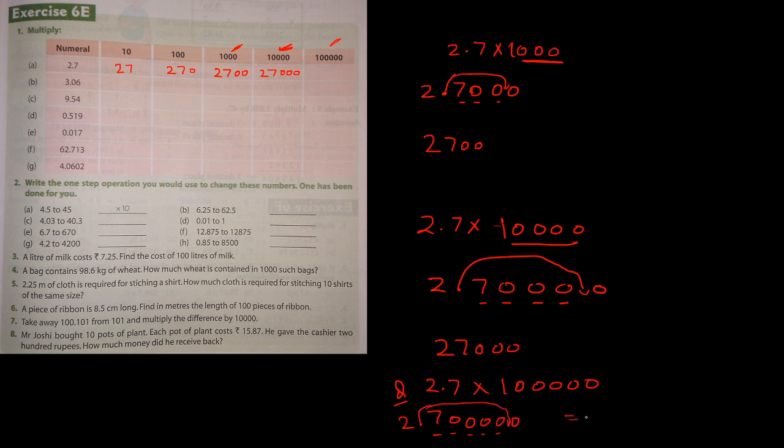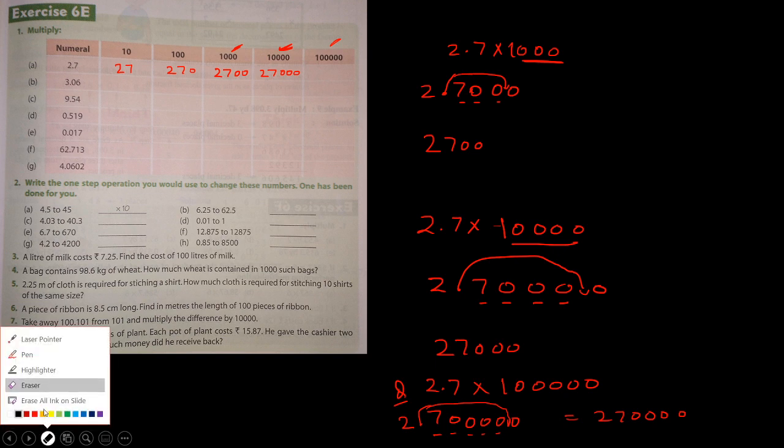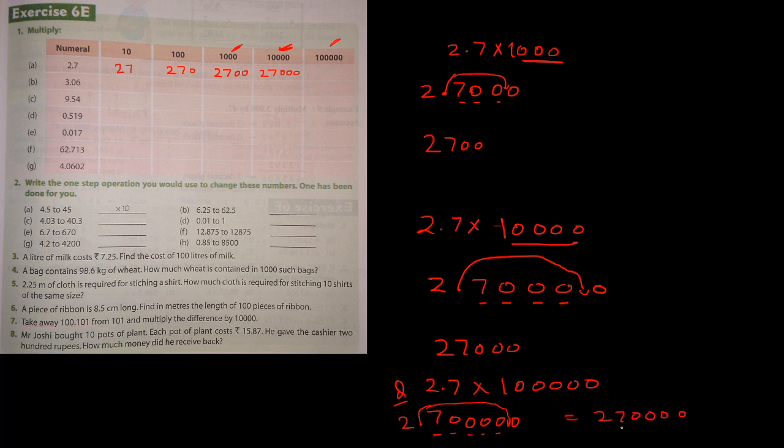So you will write 270000.0. You don't have to write the decimal and 0. So your answer is 2,70,000. In this way you will do all these questions.